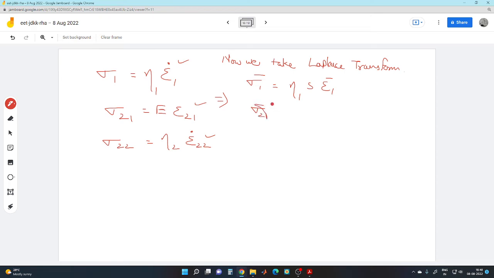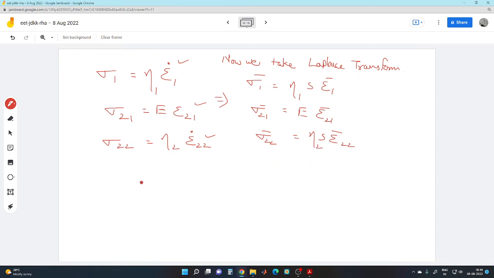Sigma 2 1, sorry, sigma 2 1 bar is equal to E epsilon 2 1 bar, and sigma 2 2 bar is equal to eta 2 epsilon 2 2 bar and s.